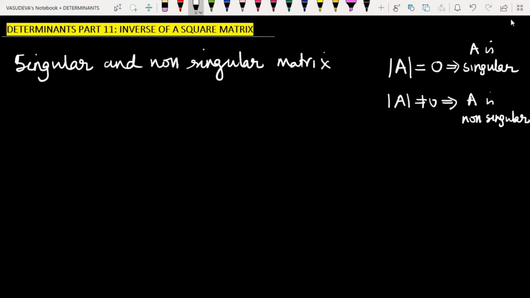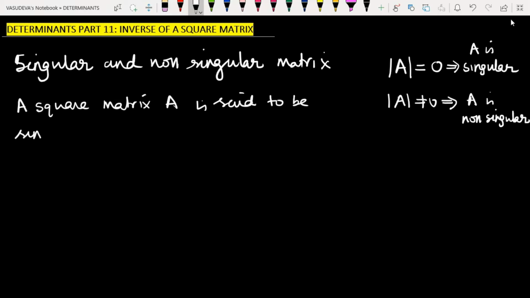So let's define on the basis of this. A square matrix A is said to be singular if determinant of A is equal to 0.